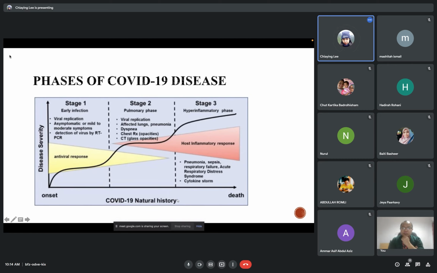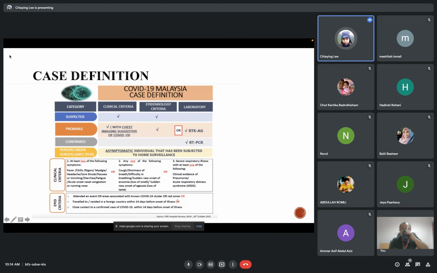Okay. So case definition, just now JEYA has already presented, so I'll just briefly go through the slides. As for a confirmed case, we need a positive PCR test to indicate that the person actually has the illness.